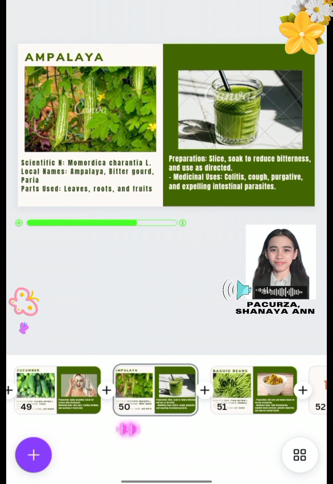After that, use a strainer to separate the juice from its paste. And then now, you can drink it. For medicinal uses, it is used for colitis, cold, as a purgative, and for expelling intestinal parasites.